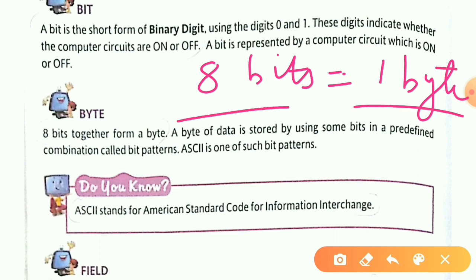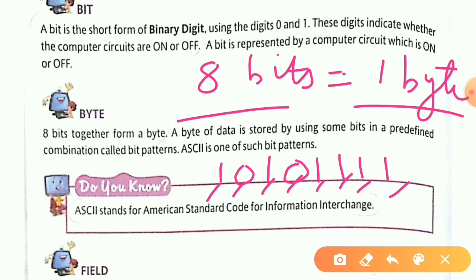A byte of data is stored using some bits in a predefined combination called bit patterns. What do we mean by bit patterns? It means that you have some kind of patterns like 1010, 1111. Now see, 1 2 3 4 5 6 7 8. Yes, overall 8 positions we have.